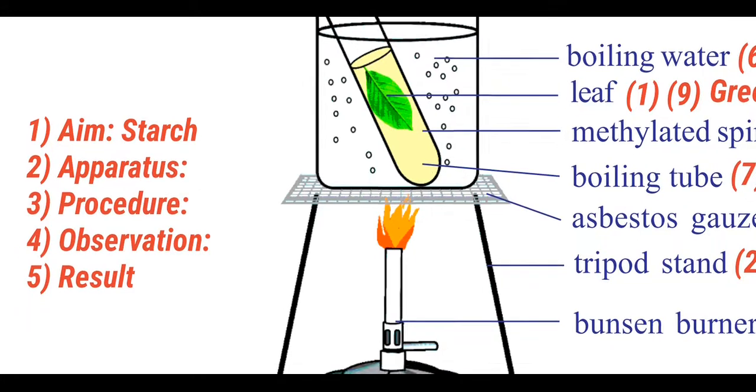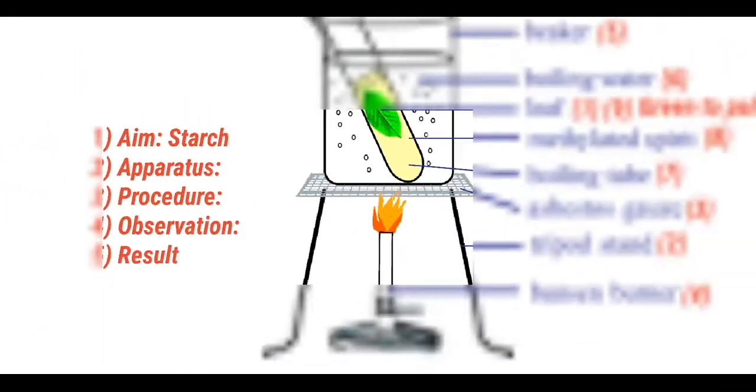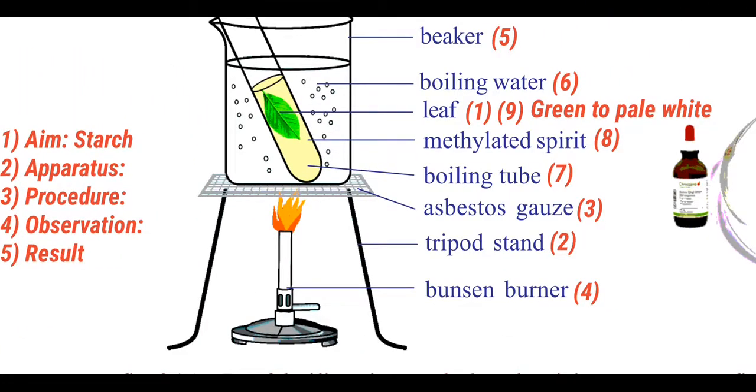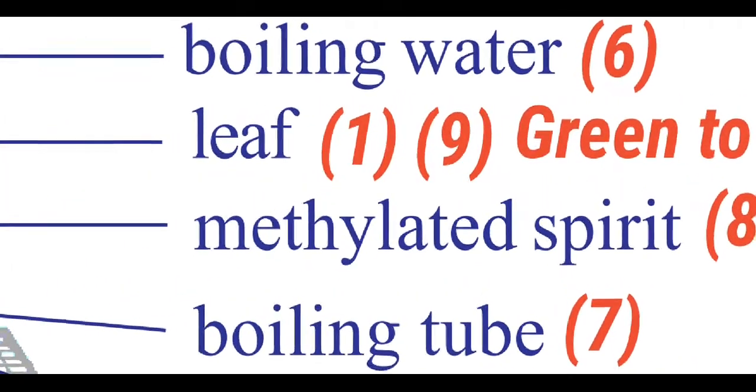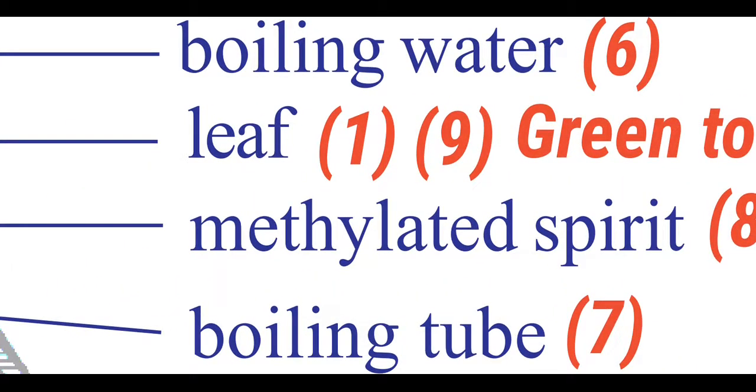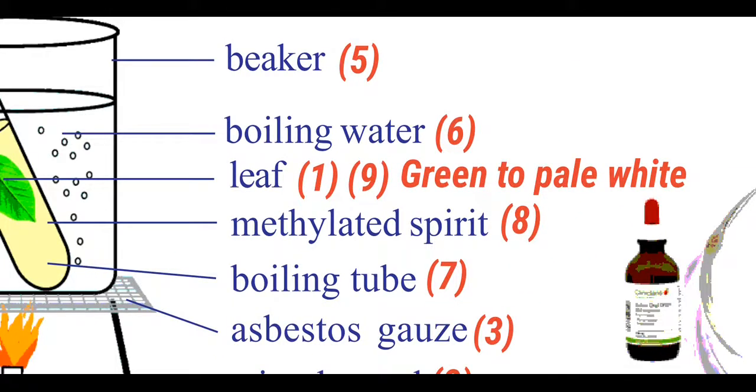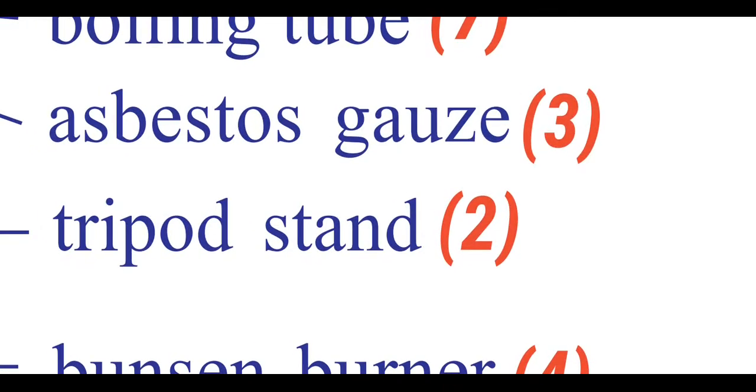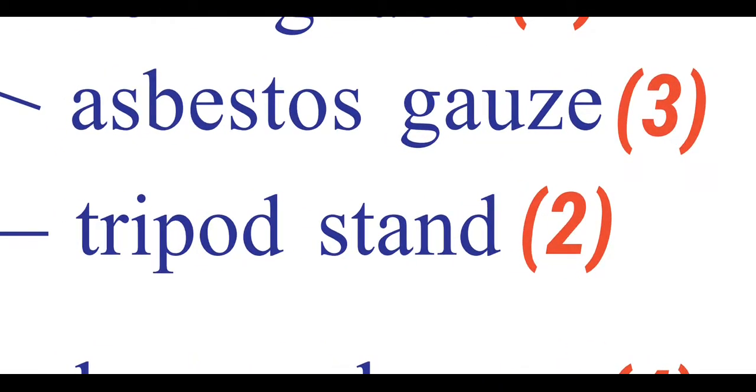Second thing is procedure. You write the procedure point-wise. Here I have given some points. Point number 1: take a green thin leaf from a potted plant or from a garden plant. Point 2: take a tripod stand, put it on the table.